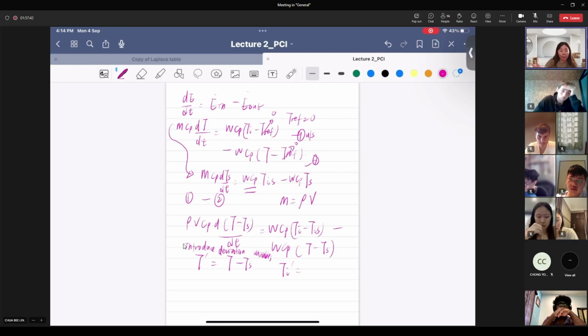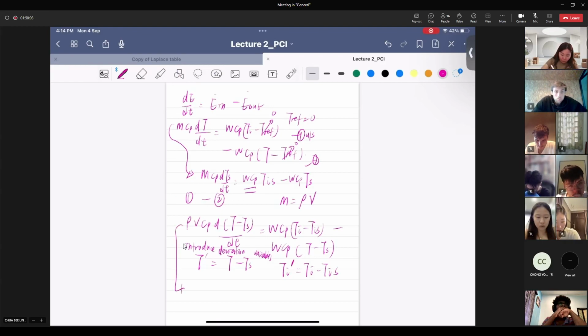You cannot use the capital letter to indicate the deviation form for this example, because this one is already in uppercase. So you'll use the prime to indicate the difference between the unsteady state minus the steady state. I'm using the prime here, Ti minus Tis.